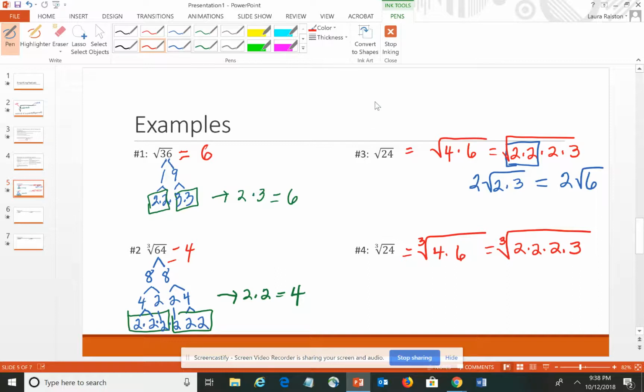And I'm looking for a set of 3 since my index is 3. So there is a set of 3 2's, so the 2 gets released. The 3 has to stay under the radical. So the cube root of 24 is 2 on the cube root of 3.